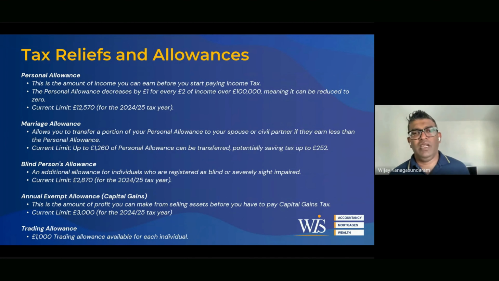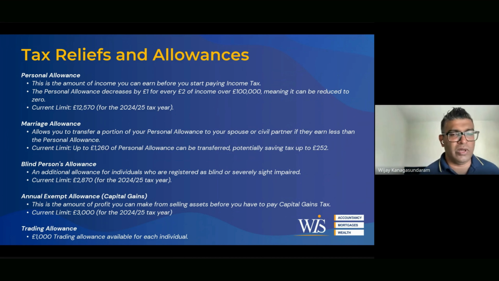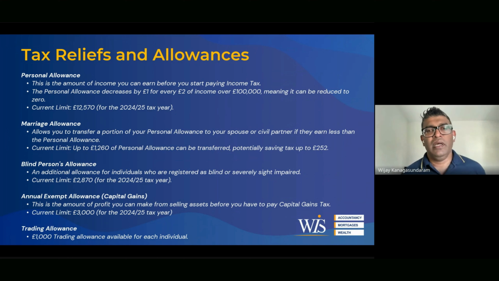Jumping back to tax reliefs and allowances, it's very important to understand what tax reliefs and allowances are available for you on your income tax. So we're not talking about your company, just your personal self. Personal allowance, we already touched this point, is 12,570. And we also said, if your income goes above 100,000, for every £2 you earn, you lose £1. So that was covered in an earlier slide.